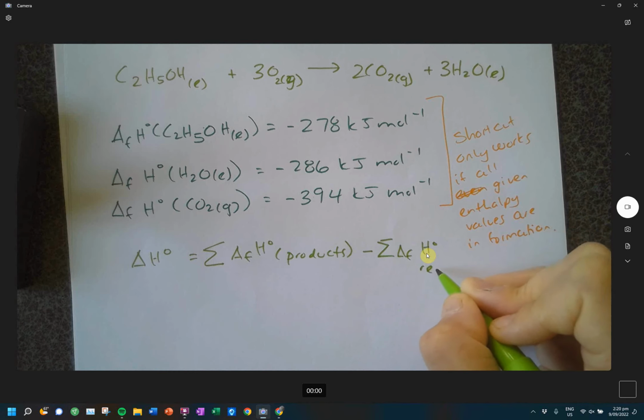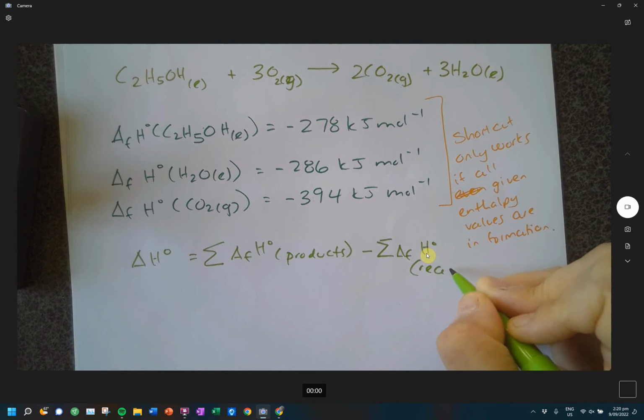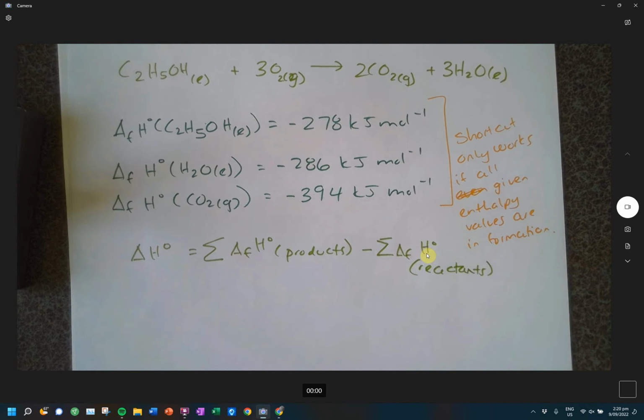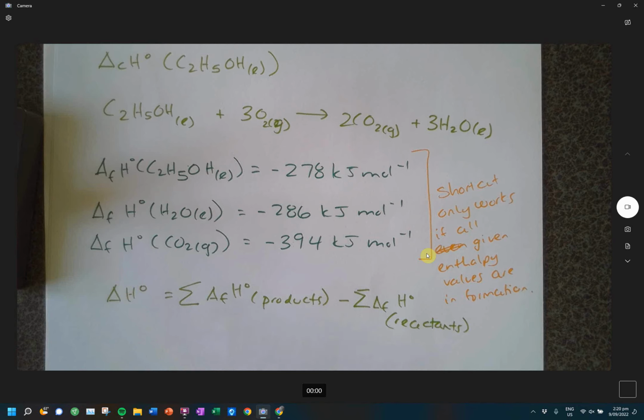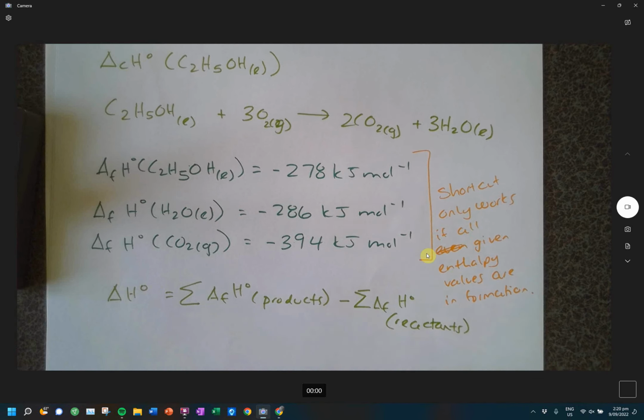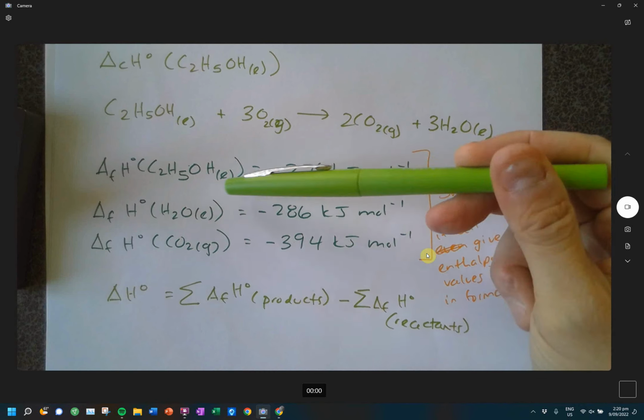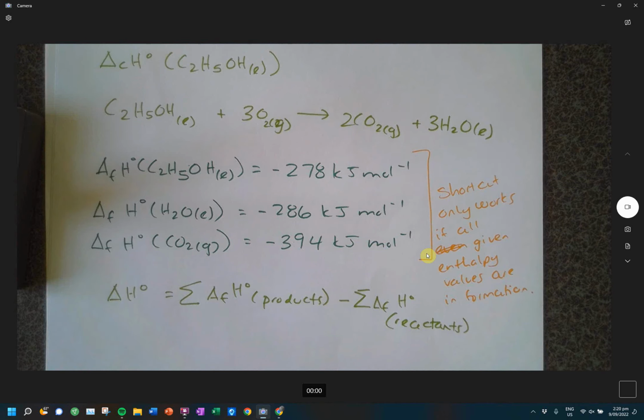Some people don't like this because they would rather do the longhand and just double check themselves. So what does that mean? So what we're looking for is we are identifying if these guys here are products or reactants, and we're checking the ratio of things.